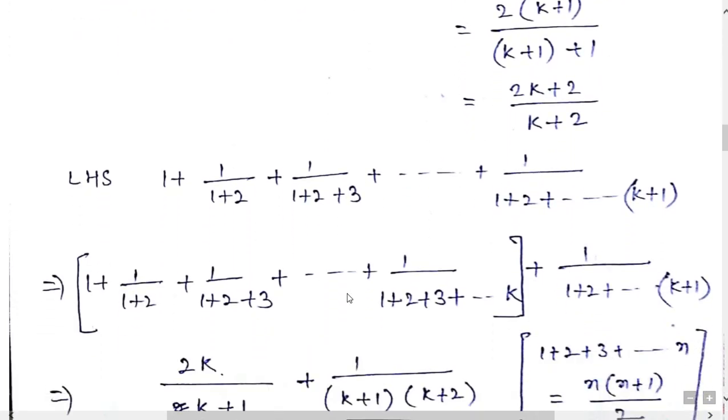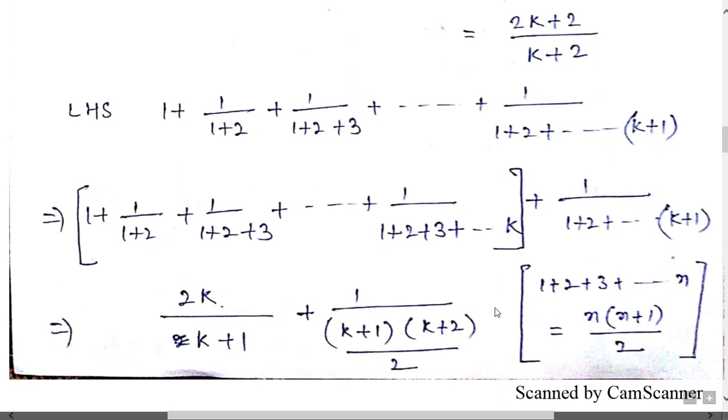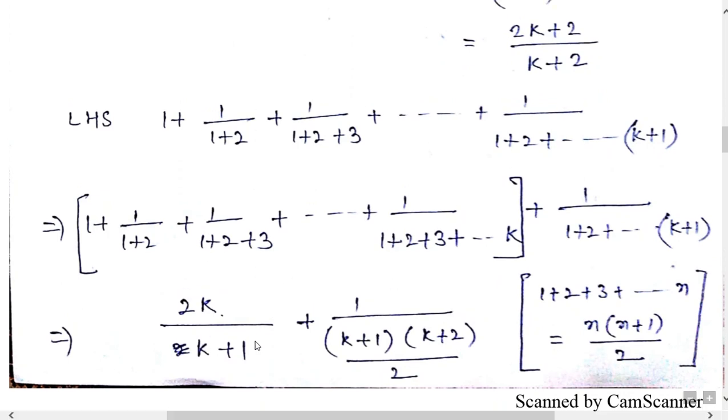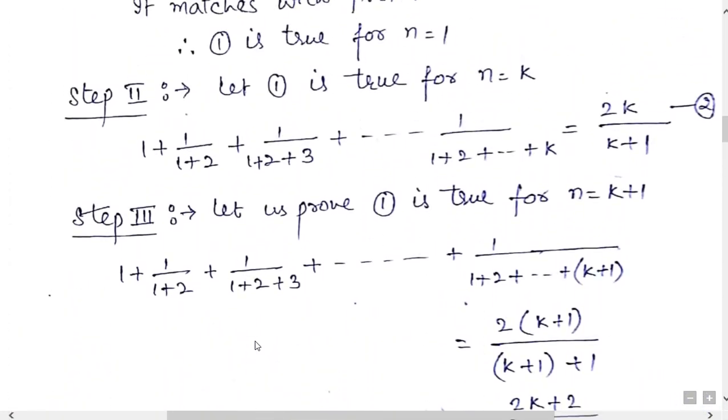Now select the left hand side, then write the second last term. You can clearly write 1, 2, 3 up to so on k in the second last term. Now insert the value 2k over k plus 1 from number 2.